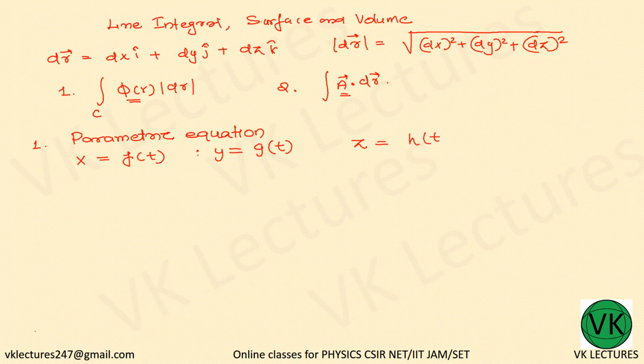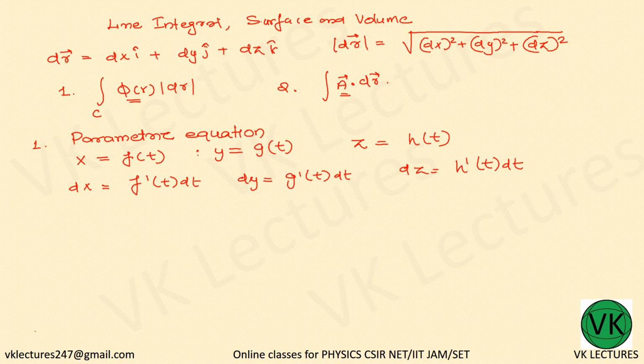Okay, then we can write dx is equal to f dash of t dt, and dy is equal to g dash of t dt, and dz is equal to h dash of t dt.